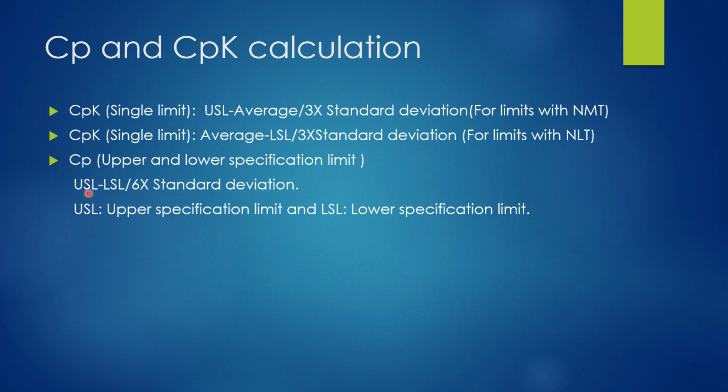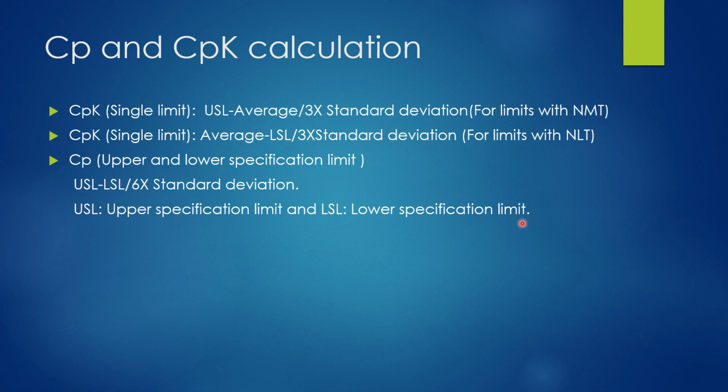That means upper specification minus lower specification divided by 6 into standard deviation, where USL is the upper specification limit and LSL is the lower specification limit.